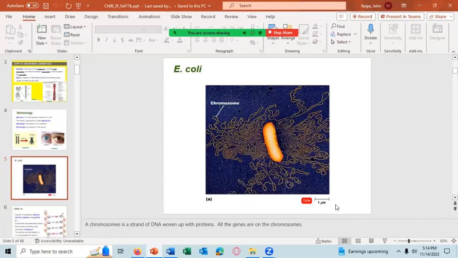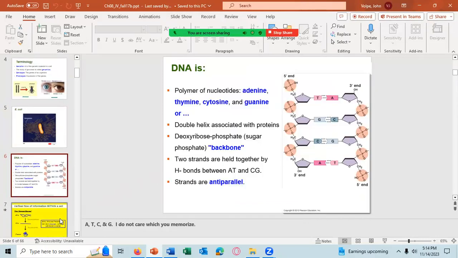All right, there's the chromosome of E. coli, and it's really kind of like a string. And then there would be a gene like maybe right here. DNA is a polymer of nucleotides. DNA has 4 nucleotides: adenine, thymine, cytosine, and guanine.